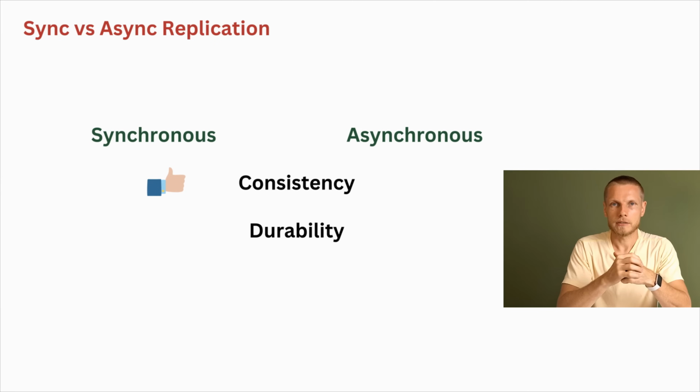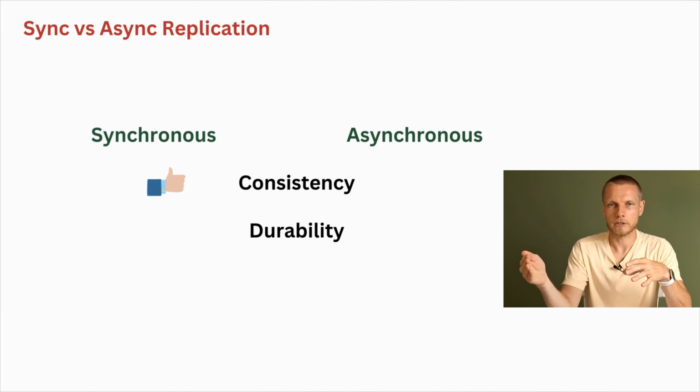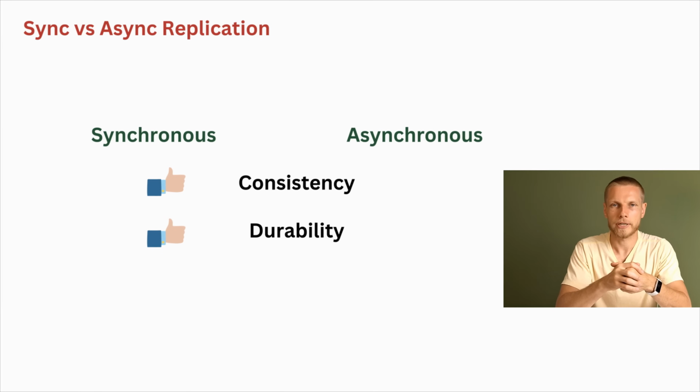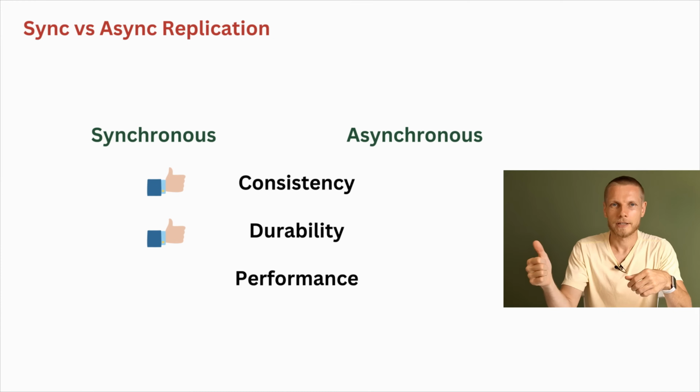Next one is durability. Again, with synchronous followers, we can be sure that acknowledged writes are stored on at least several other locations except the leader, and failure of one node certainly would not prevent data from being available.